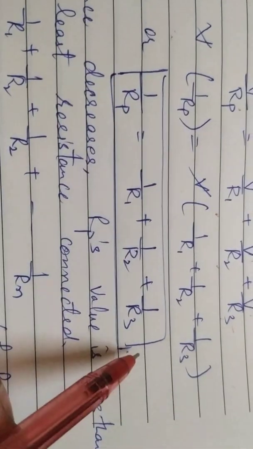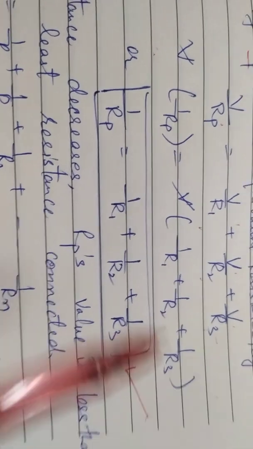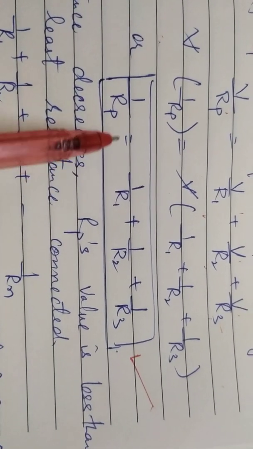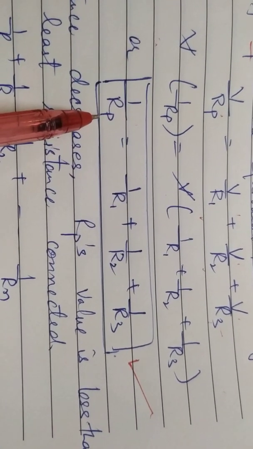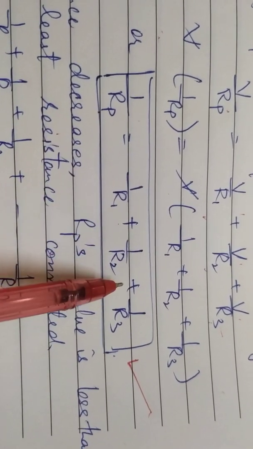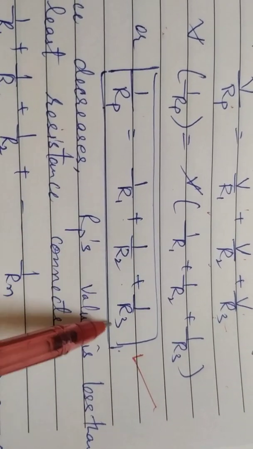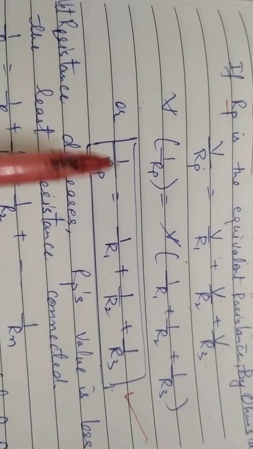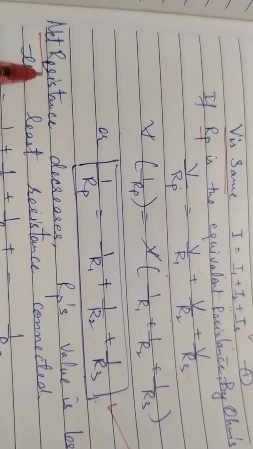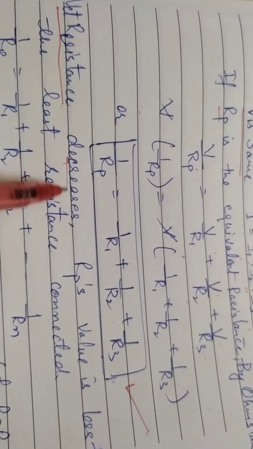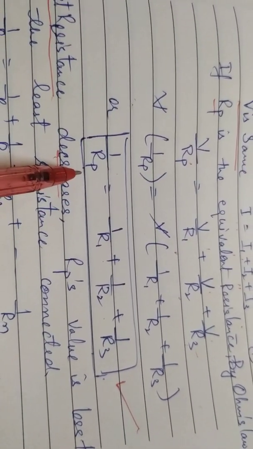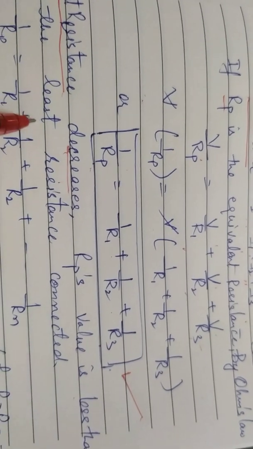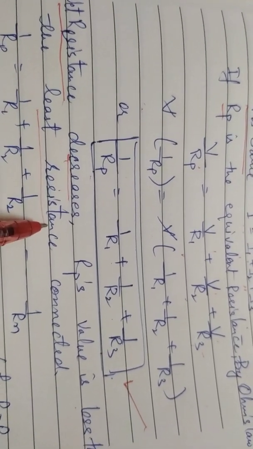So the net resistance result is this. It means in a parallel circuit, the reciprocal of the equivalent resistance is equal to the sum of the reciprocals of the individual resistors. And always remember that in a parallel circuit, the net resistance of the circuit decreases. It means the value of Rp is less than even the least resistance connected in the circuit.